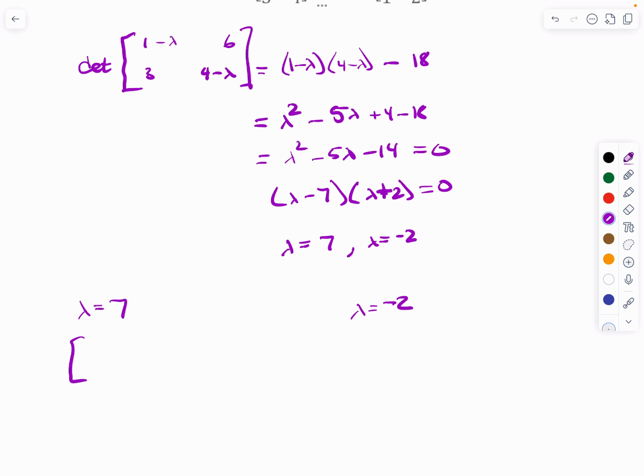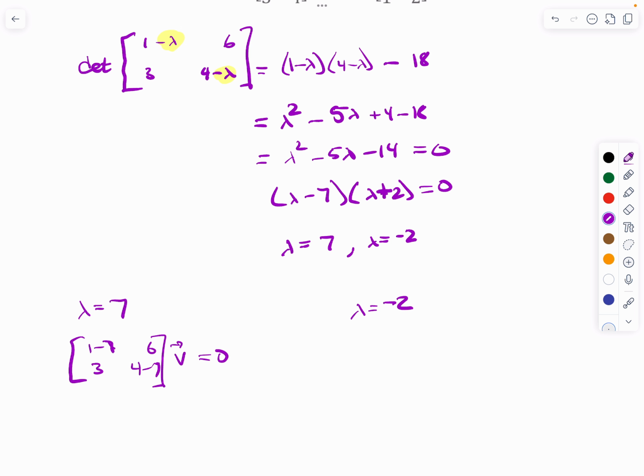In each case, we're just going to plug that lambda in up here in the matrix, and then essentially find a solution to this. So let's see, 1 minus 7 is negative 6, then 3, then 4 minus 7.